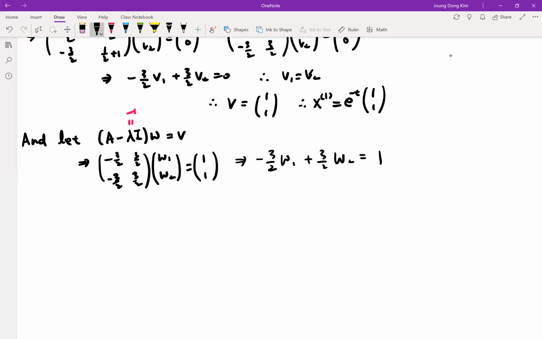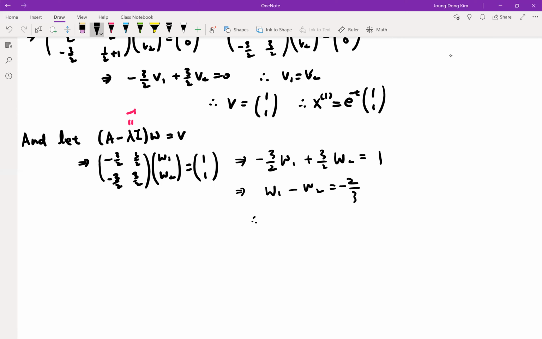So if I multiply 2/3 on both sides, it is minus w1. Okay, let me multiply negative 2/3, it might be much easier. w1 minus w2 is negative 2/3 now. Let me add w2 on both sides.